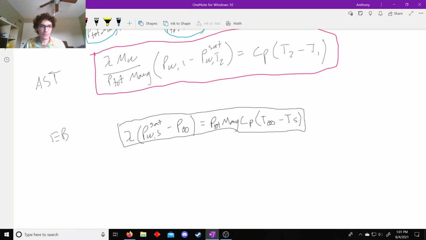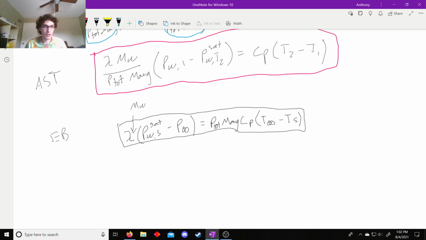Something we want to consider is that depending on our units, if we're working with kilograms or working with moles, we would have a molecular weight factor in here in order to convert to a mass from a mole. It just depends on what units we're working with. So in order to keep our units the same, we will say that this is in moles so that it will be converted to kilograms using the molecular weight.